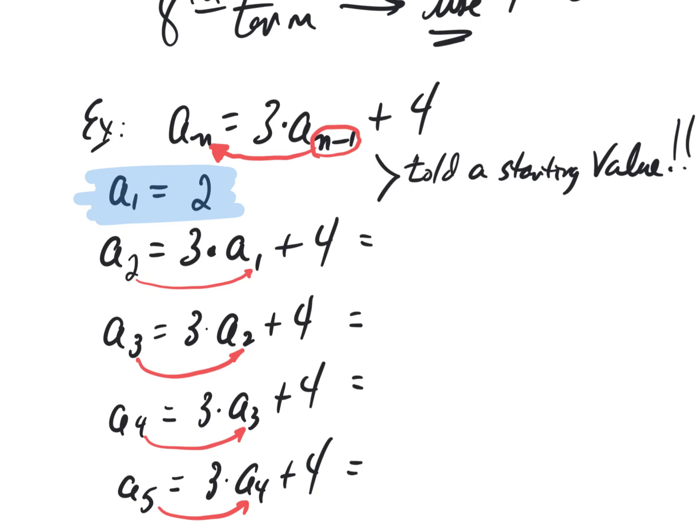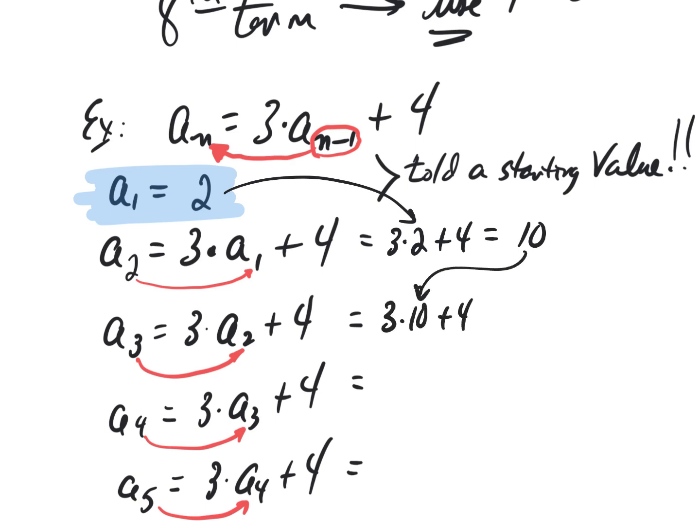Now to get to the second term, we take 3 times the previous term plus 4. So now we put 2, the first term, in so that I can find the second term. So now 3 times 2 plus 4 is 10. Now to get to the third term, we replace a sub 2 with what it's equal to. A sub 2 is equal to 10. So now 3 times 10 plus 4 is 34.